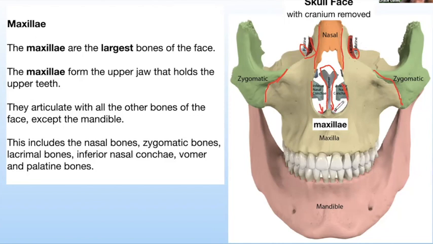Oh, you can just see a little teensy little bit of it here. Okay. Barely seen, right? The palatine bones.